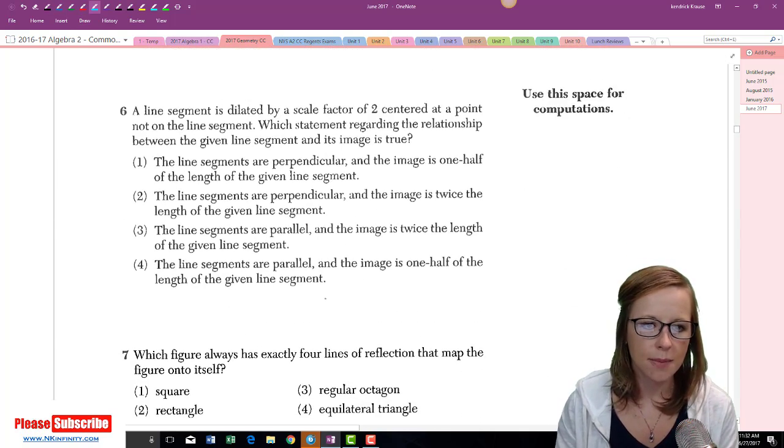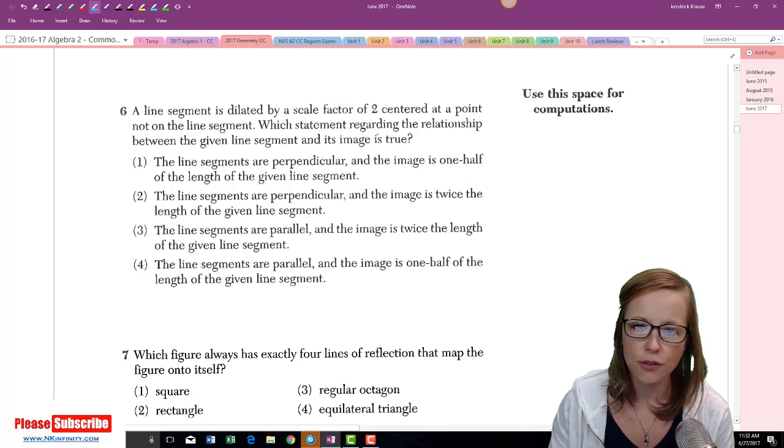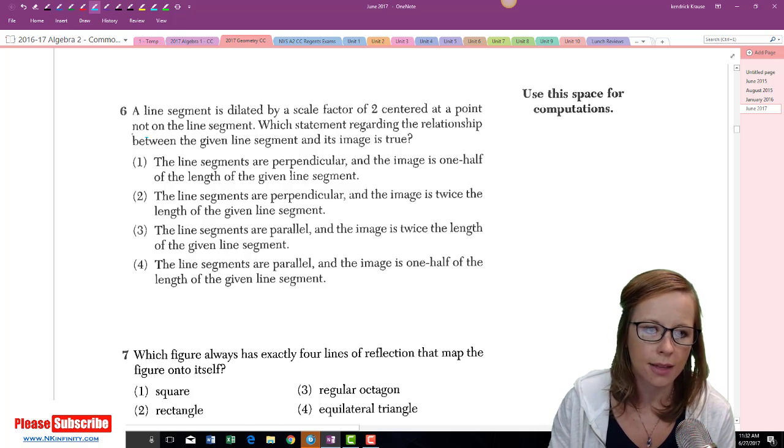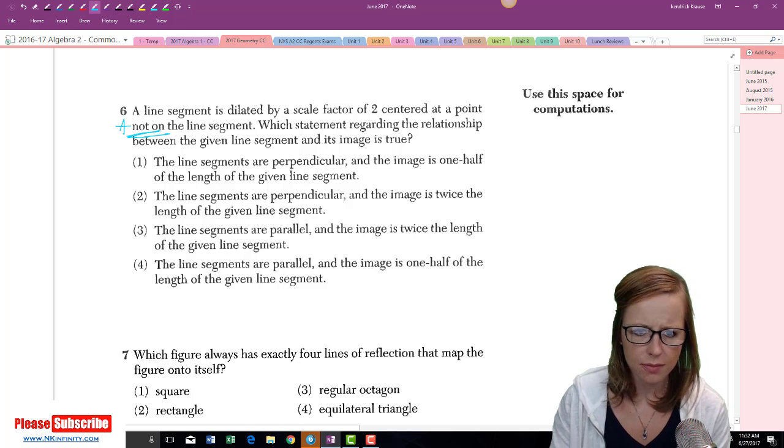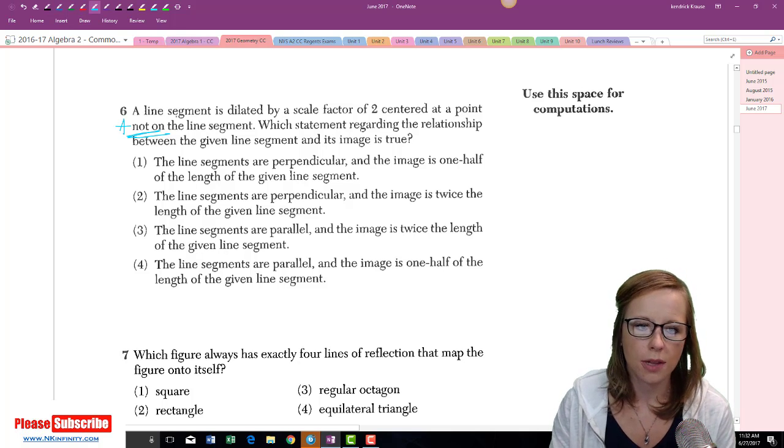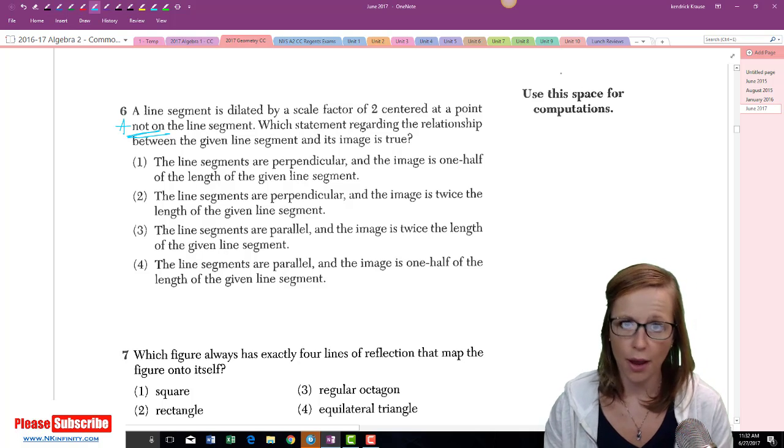All right, let's go down here. Number 6, a line segment is dilated by a scale factor of 2, centered at a point not on the line segment. By the way, this comes into play later. Which statement regarding the relationship between the given line segment and its image is true? Okay, stop, freeze.